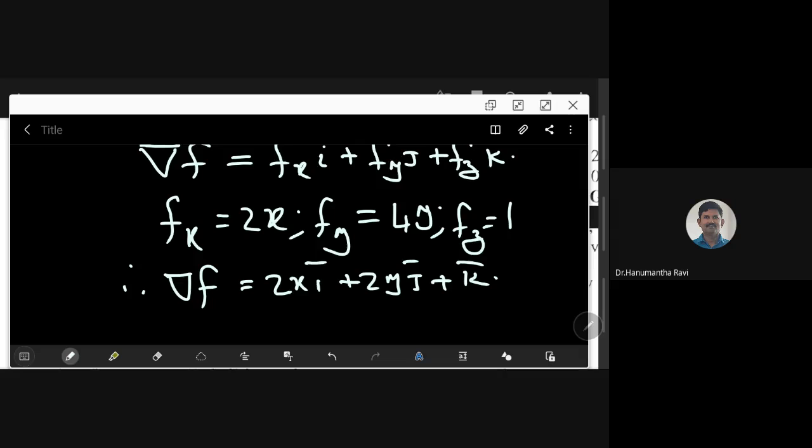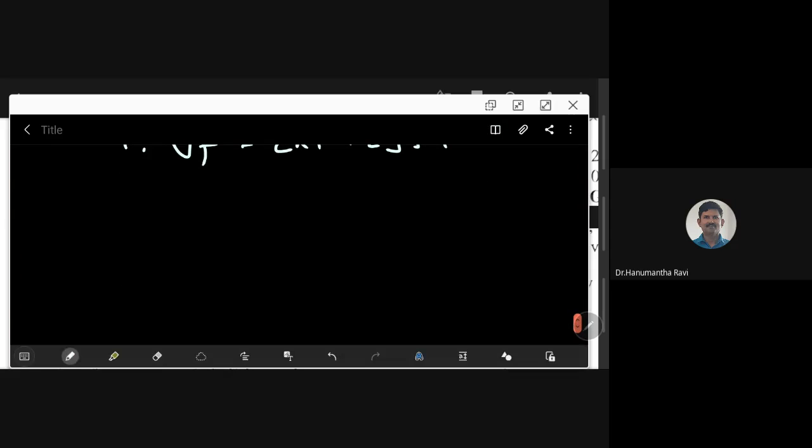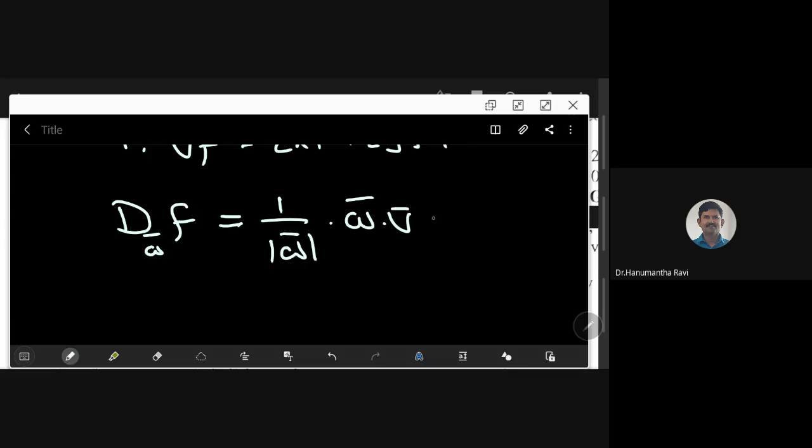Good. Now we want that directional derivative. Some people write this as the directional derivative of f along a bar. If this is the symbol, then what is that? It is a bar dot grad f.